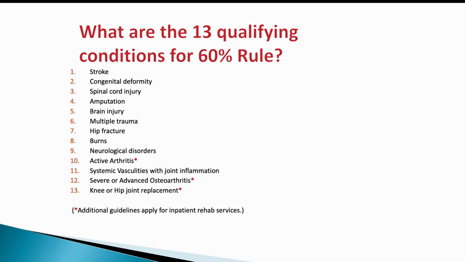Neurological disorders. 10. Active arthritis. 11. Systemic vasculitis with joint inflammation. 12. Severe or advanced osteoarthritis. 13. Knee or hip joint replacement. Note: Asterisk diagnoses have additional guidelines that apply for inpatient rehab services.